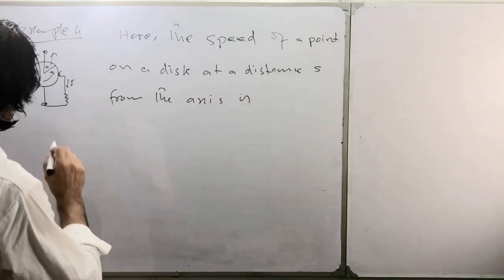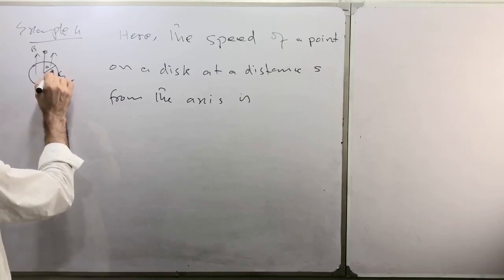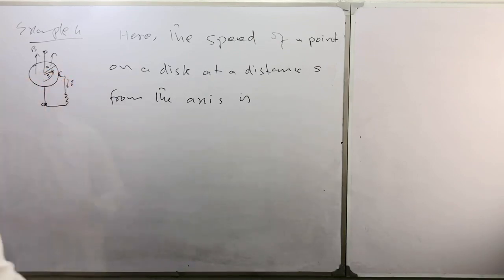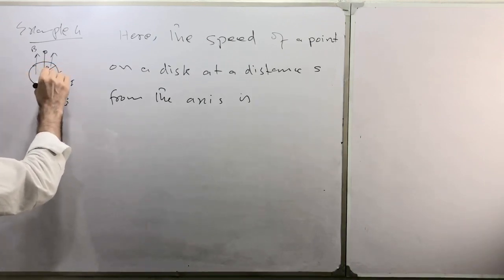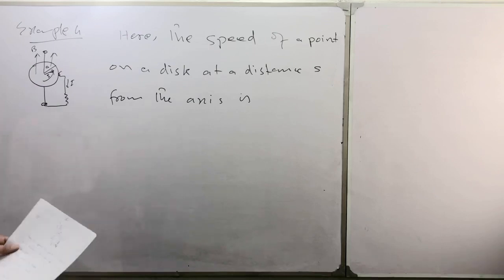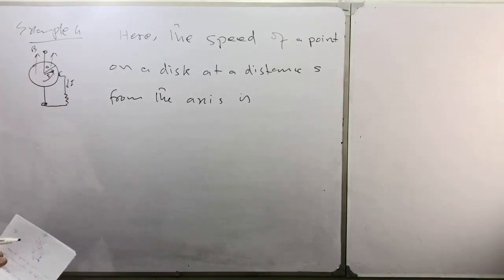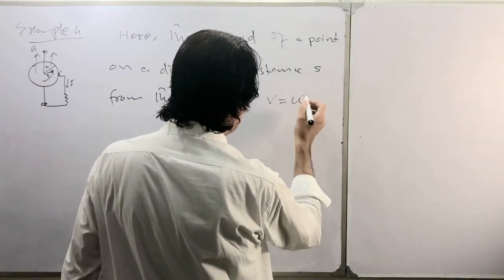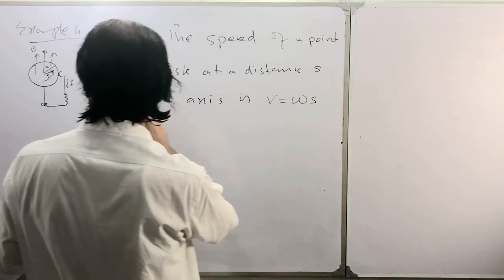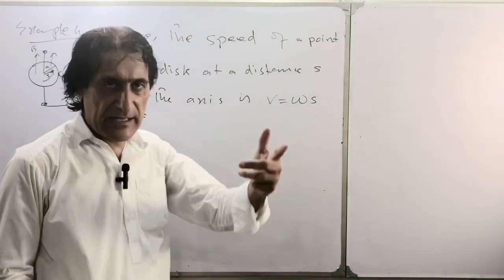Let's suppose we consider some point at distance s. So what will be the velocity of this point? We can write the velocity v is equal to omega s. We have considered this as s; you may also write r, no problem.